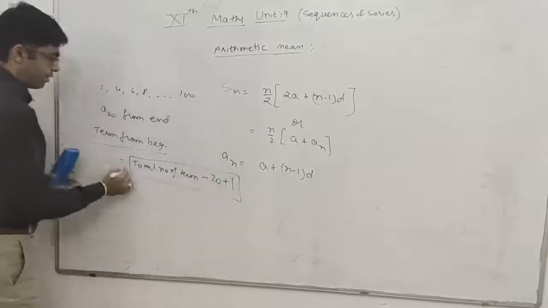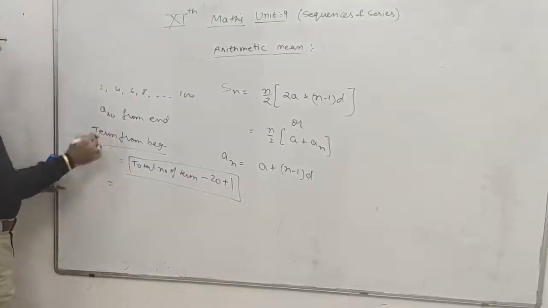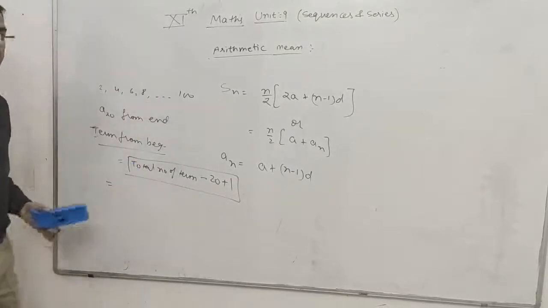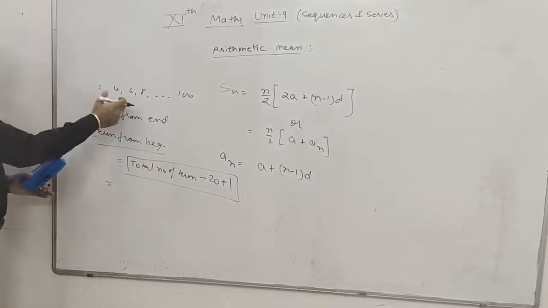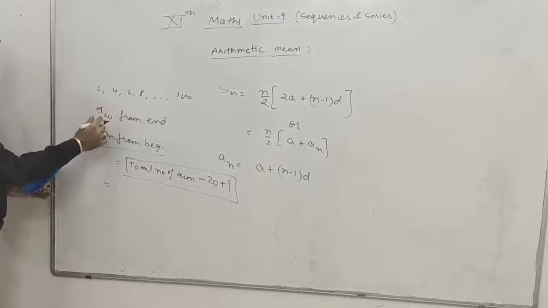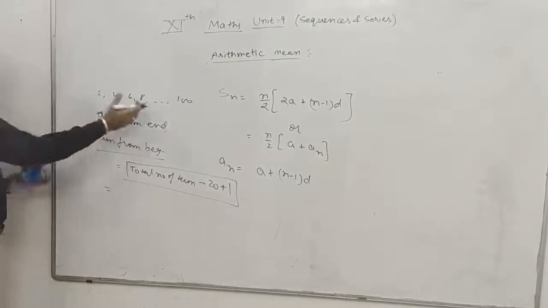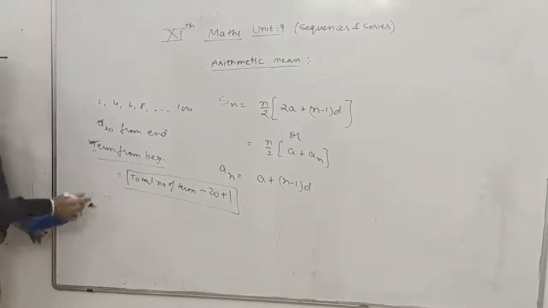This gives you the position from the beginning, and then we can easily find the term from the end of this AP without reversing the AP. So this is one more method I have told you.